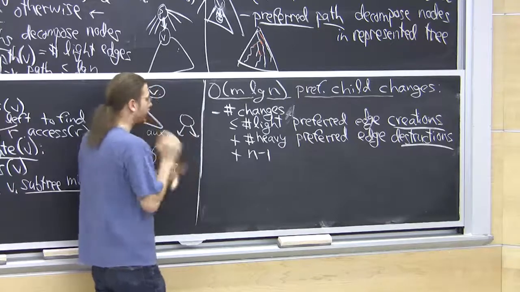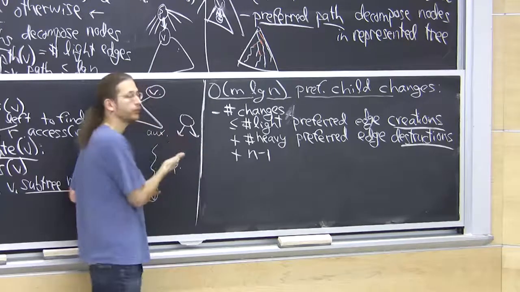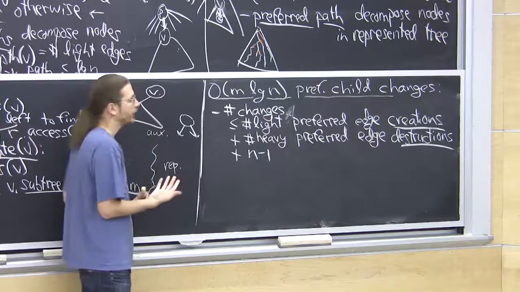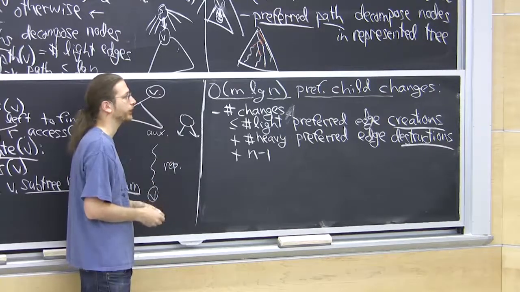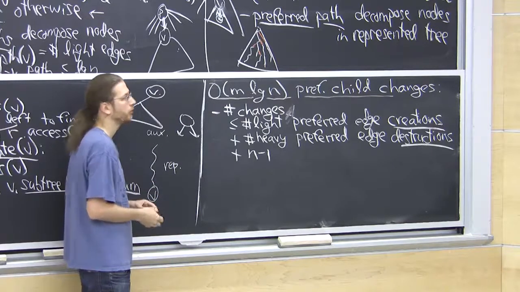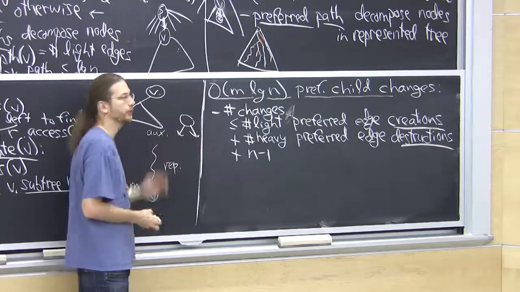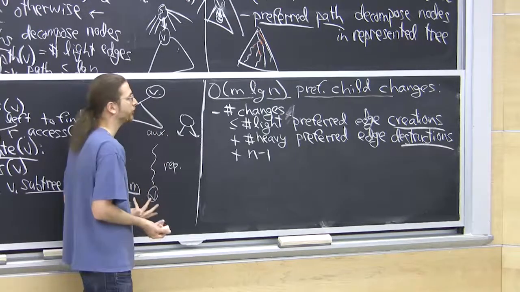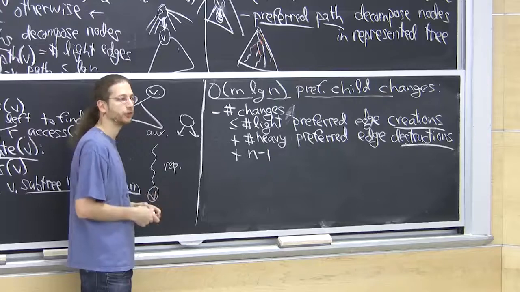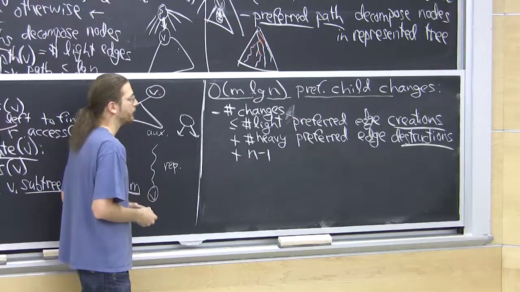So of course, we could count preferred edge creations. That would be basically the same as preferred child changes. Or we could count preferred edge destructions. That would be basically the same as the number of changes. Okay, so that's the idea.